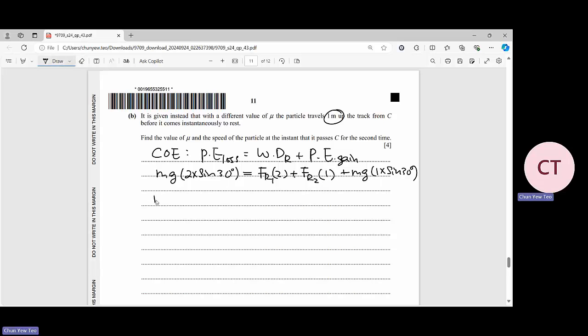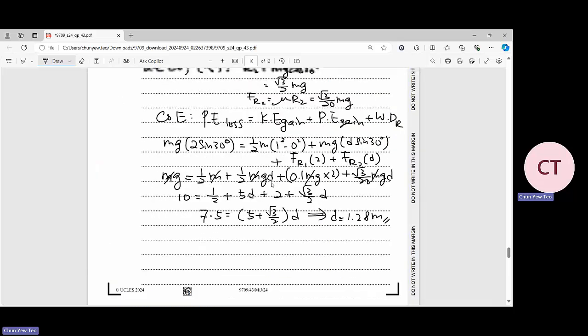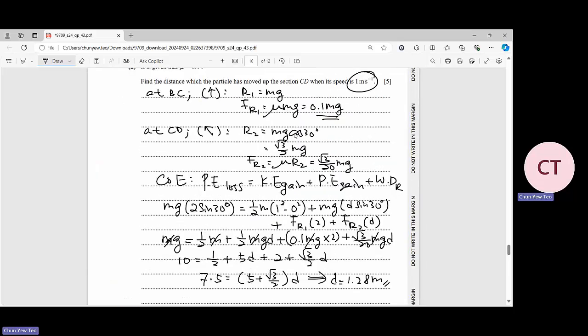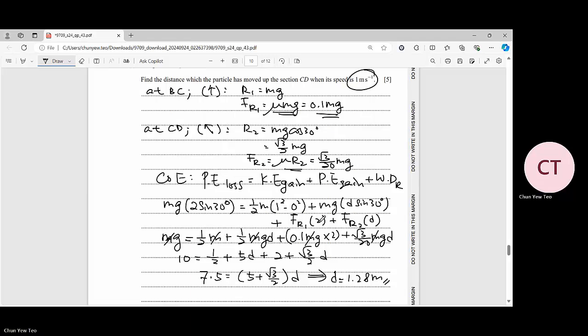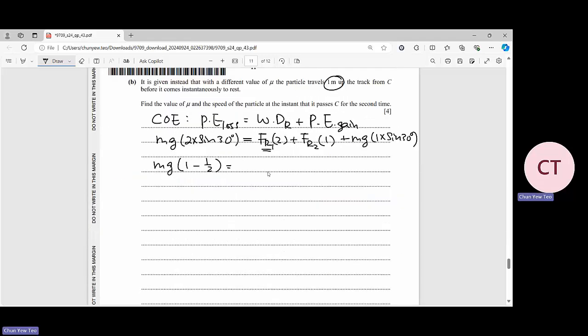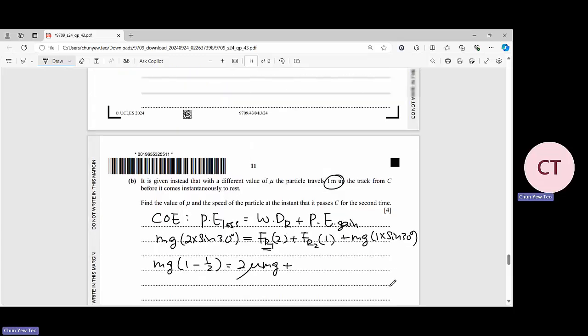So I think these two can combine together. So we will have the energy of 1 minus half. What is the FR1? FR1, we will use this formula, mu times mg. FR2 is the mu R2. Plus the FR2.